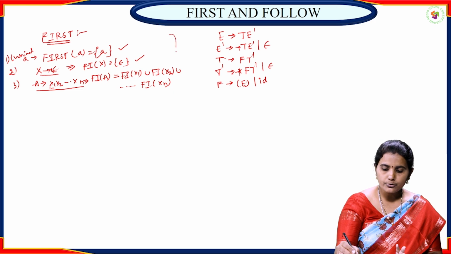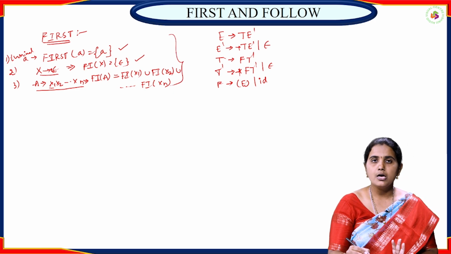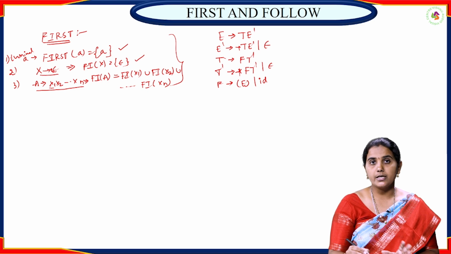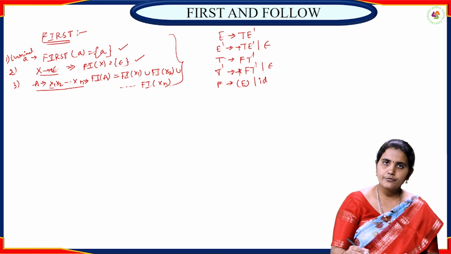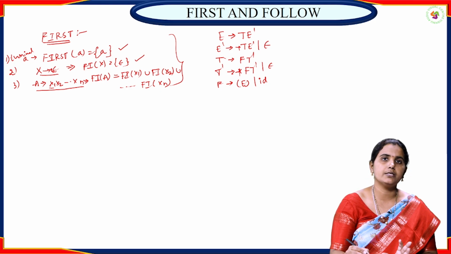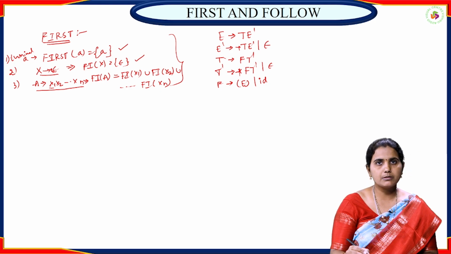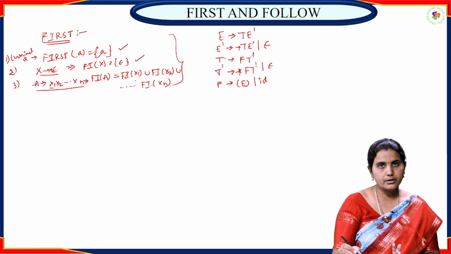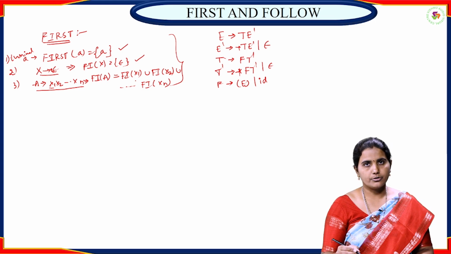These are the three rules you must remember. If the right hand side has only a terminal symbol, then your output is that terminal. If it is epsilon, then your output is epsilon. If the right hand side is all non-terminal symbols, then you apply the union: first non-terminal, then next non-terminal, like that.